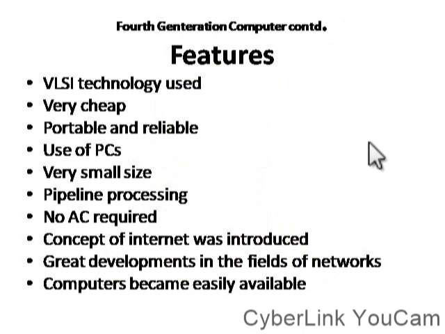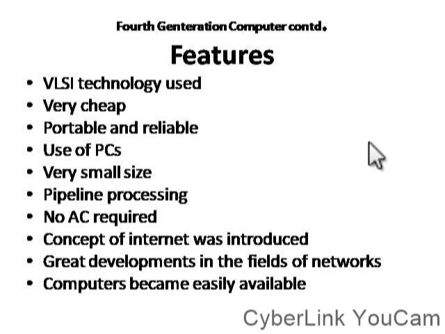VLSI technology, very cheap, portable, reliable, use of PC, very small size, pipeline processing, no AC required. This is the important thing here, that we don't need ACs anymore. We can keep the computers anywhere we want.